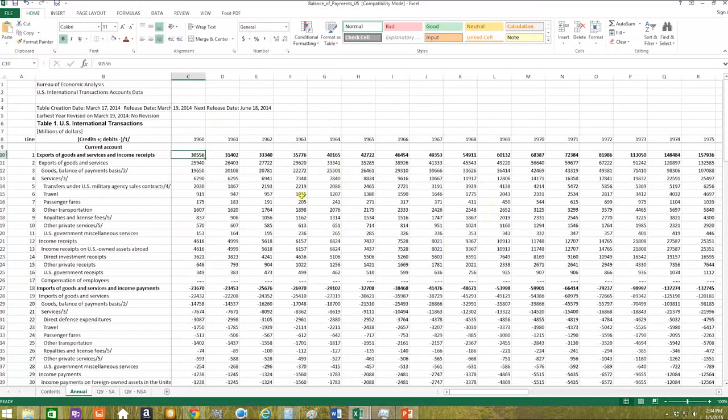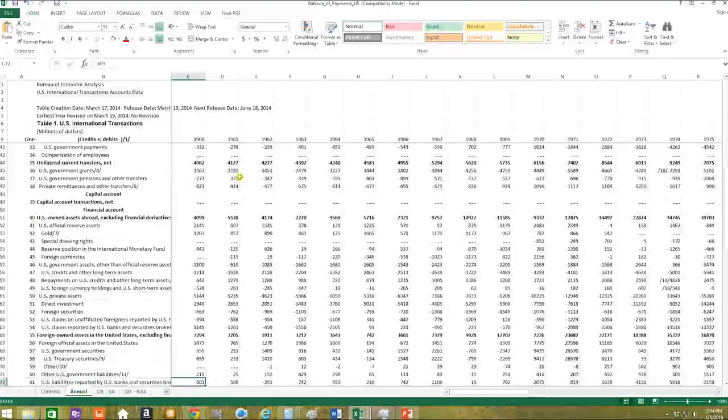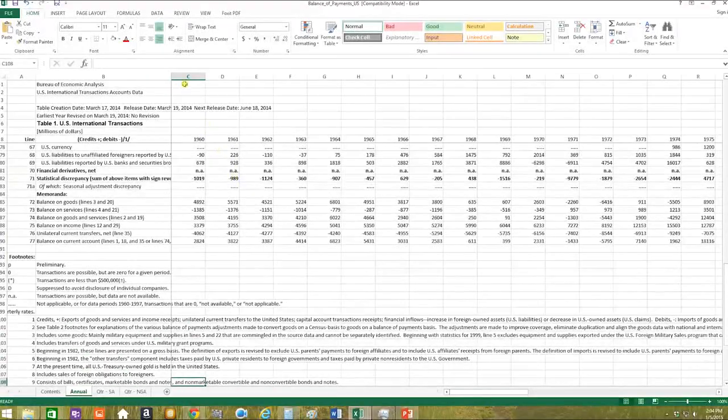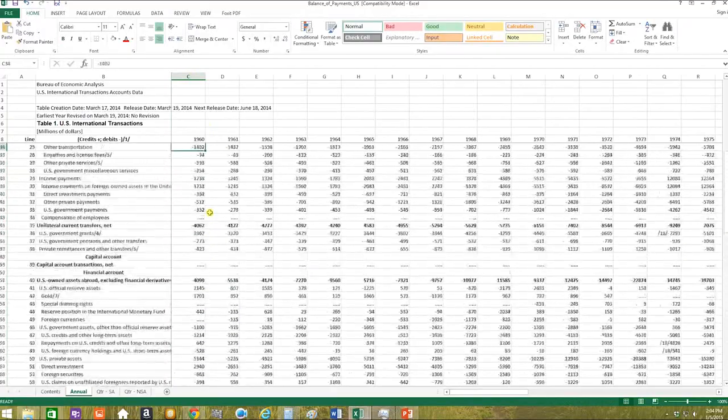If you just focus on these numbers for the moment, you'll see that all of the numbers come from this spreadsheet, and this is the line for 1960. So in your own time, you can go through everything.